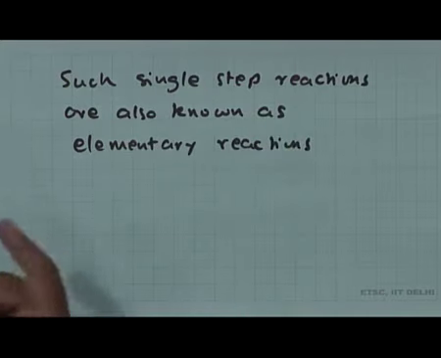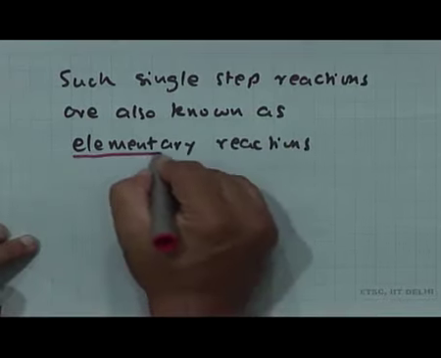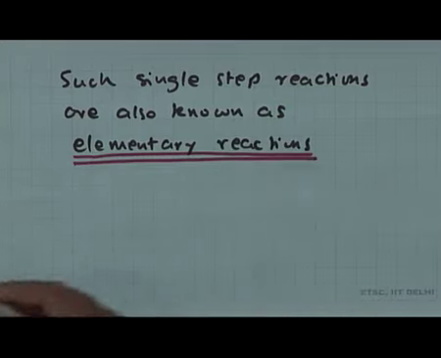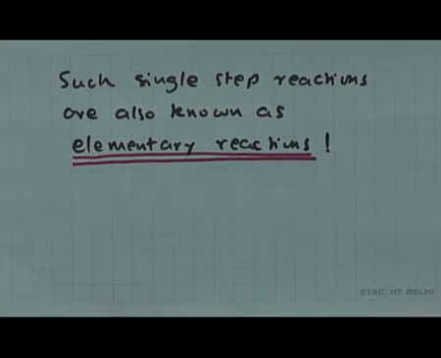Okay. This is a very important concept in chemical kinetics. So, what is an elementary reaction? An elementary reaction is one which proceeds through a single step. There are no other steps involved. One step, it is an elementary reaction.